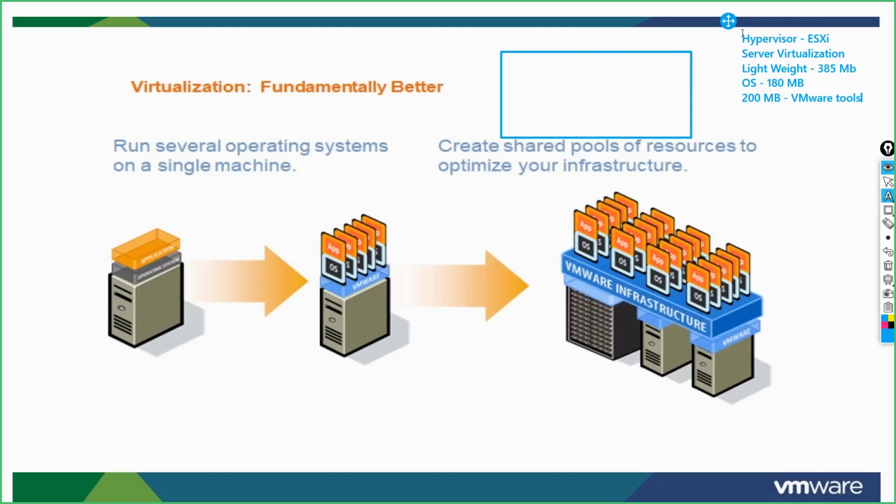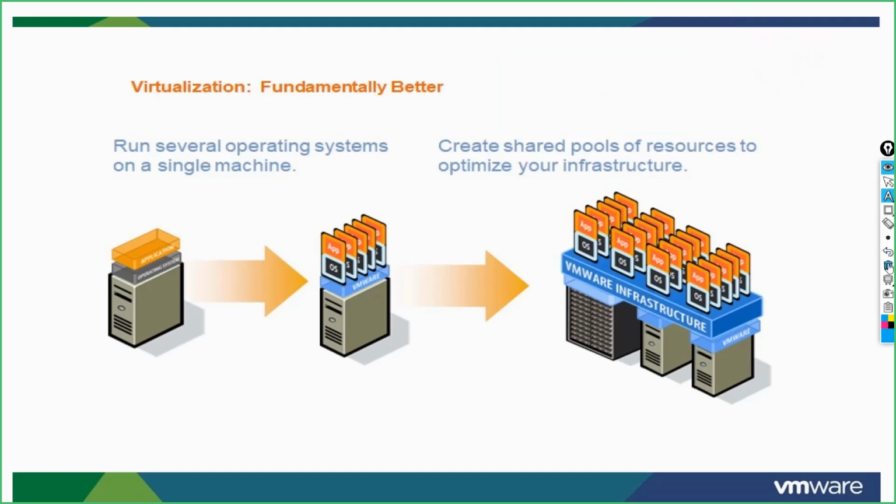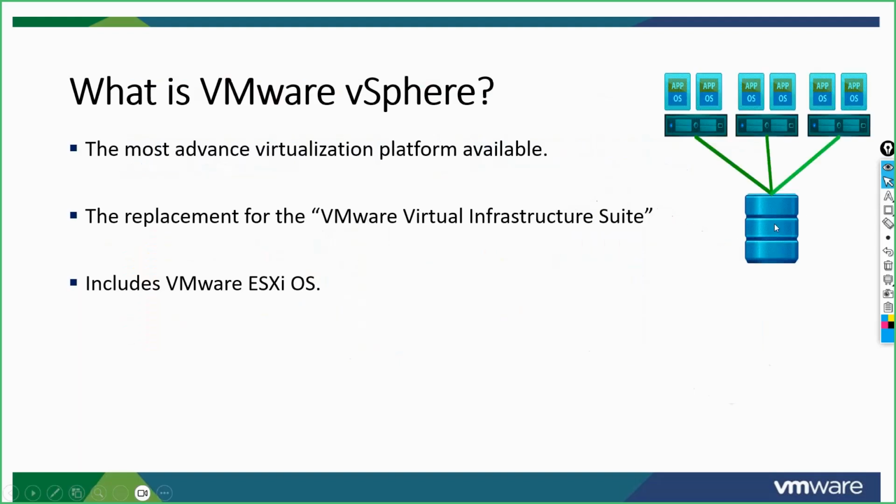So let's discuss the VMware vSphere history, the evolution of VMware vSphere, to understand more. Now, just for your information, in earlier days the product was not known as VMware vSphere.